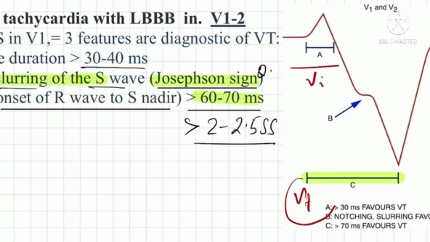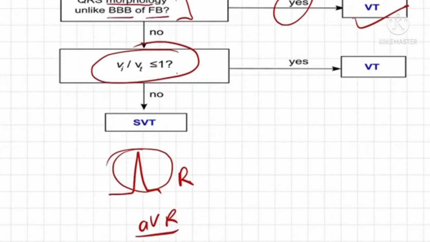That is terminal volume of the R wave or duration of the R wave, and this is initial duration, the terminal duration. If the ratio of the VI or VT is more than 1, it is the SVT.